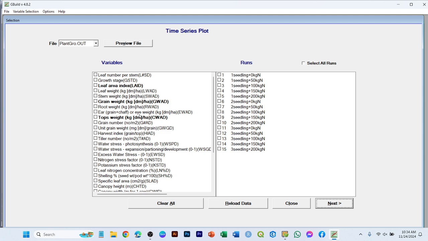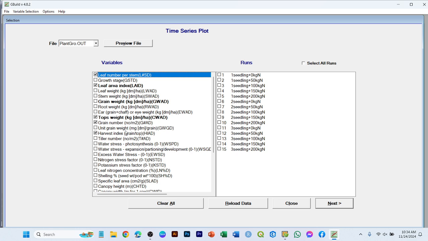But now, according to your simulated and your observed, that I showed you in yesterday's slides in graphics, this is going to be the graphic representation of that type of particular parameters for different types. Mainly, we consider four parameters that I already told you: anthesis date, tops weight, grain weight, and harvest index.